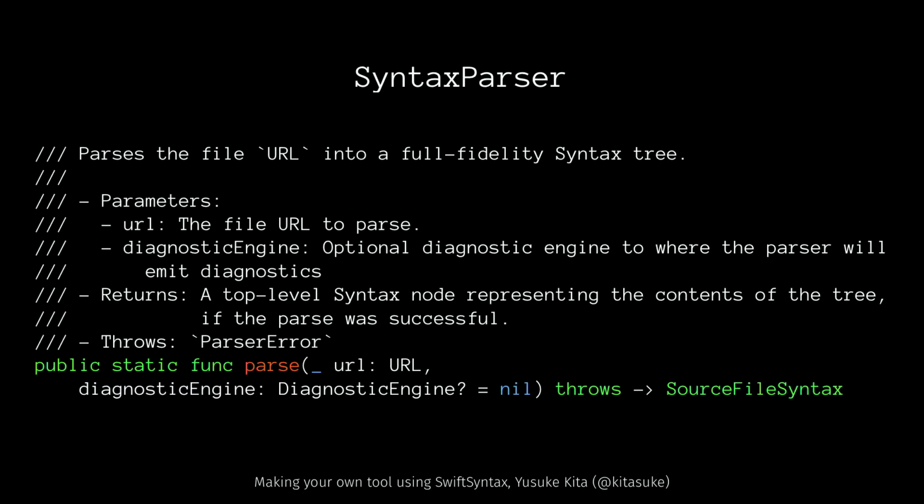There is one parse function in SyntaxParser, so just call this function with the URL of your source file so that you can get syntax information, which is called SourceFileSyntax here. That's the top level syntax node of the whole Swift source. And optionally, you can also pass a diagnostic engine, but I don't think that's needed here. So remember, just pass the URL of your source file, and then you get SourceFileSyntax.